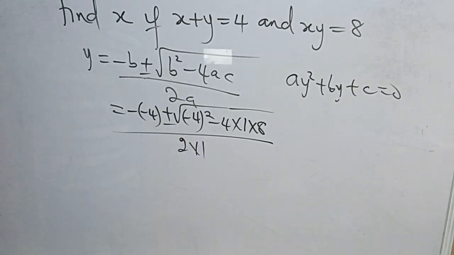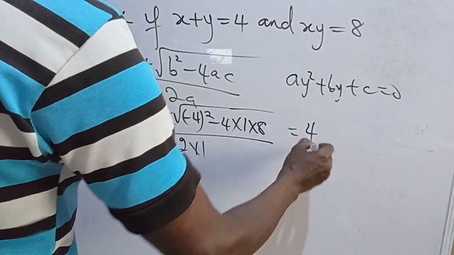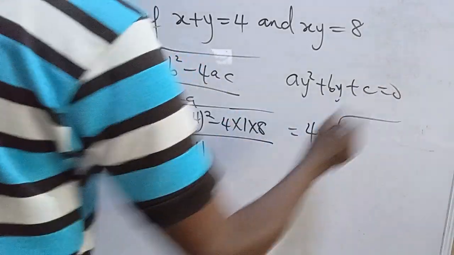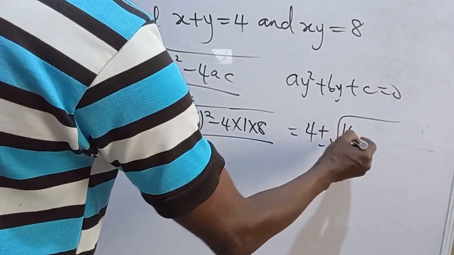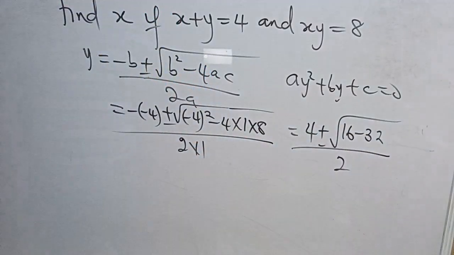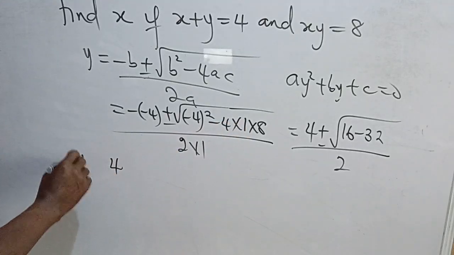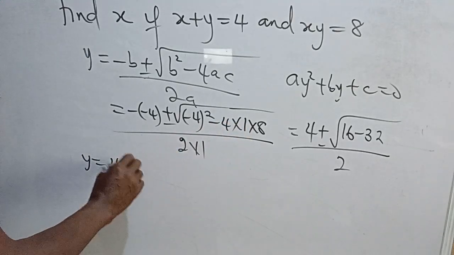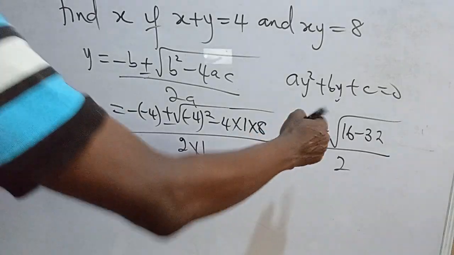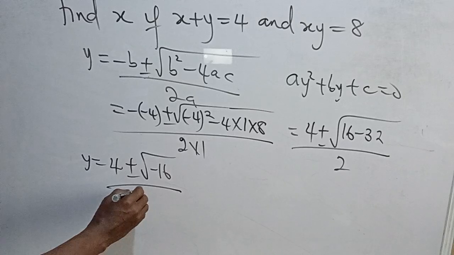Minus times minus is plus, so that will give us 4 plus or minus the square root of 16 minus 32, all over 2. So we can write y equals 4 plus or minus the square root of minus 16, all over 2.